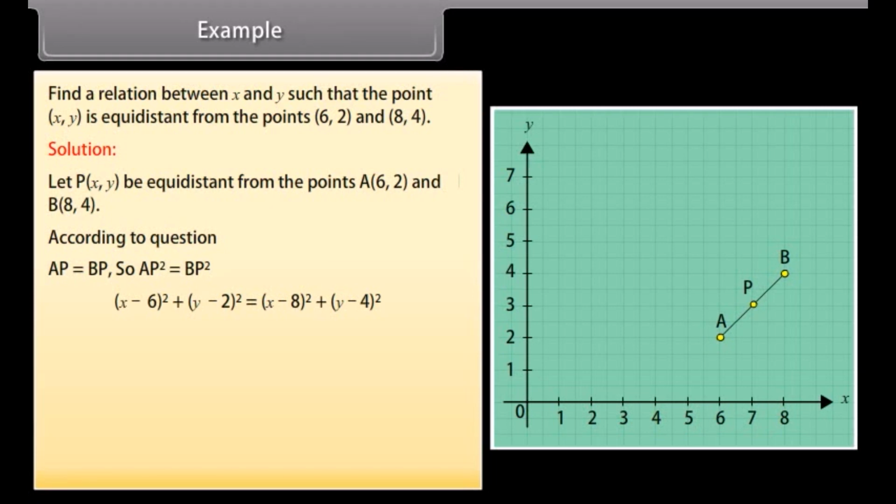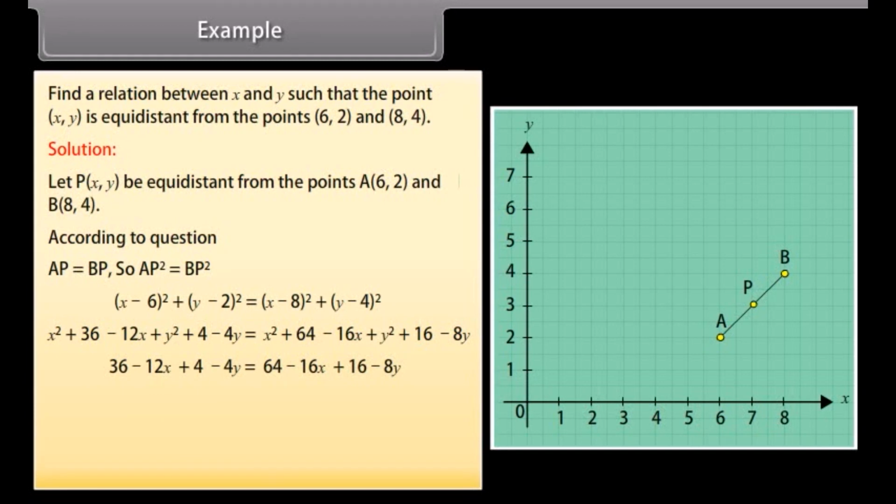By calculating it, we get x square plus 36 minus 12x plus y square plus 4 minus 4y equals x square plus 64 minus 16x plus y square plus 16 minus 8y, which is equal to 36 minus 12x plus 4 minus 4y equals 64 minus 16x plus 16 minus 8y, which becomes minus 12x minus 4y plus 16x plus 8y equals 64 plus 16 minus 4 minus 36, equal to 4x plus 4y equals 40, which is equal to x plus y equals 10.